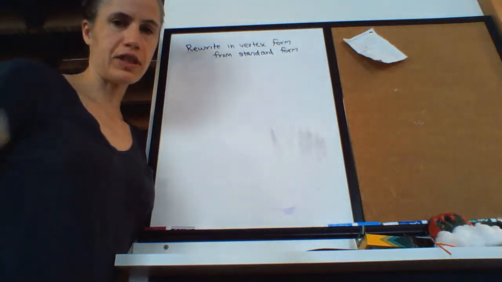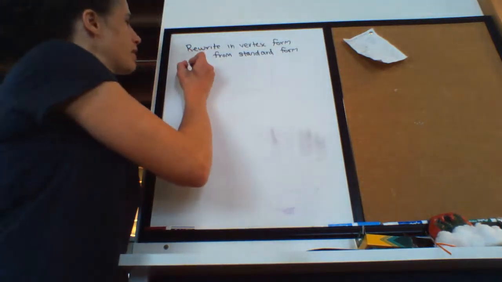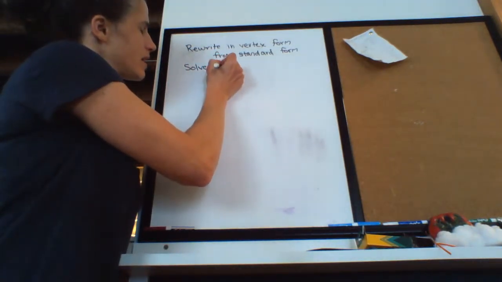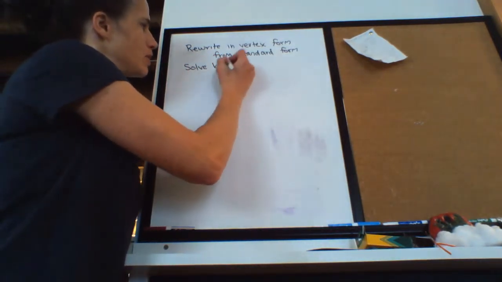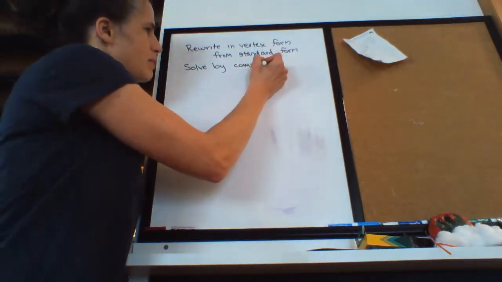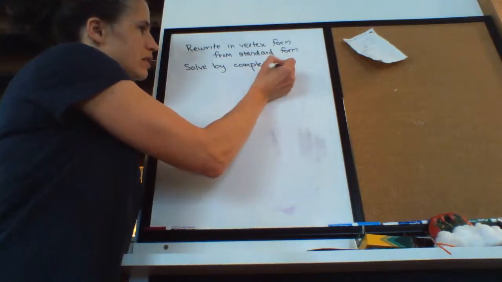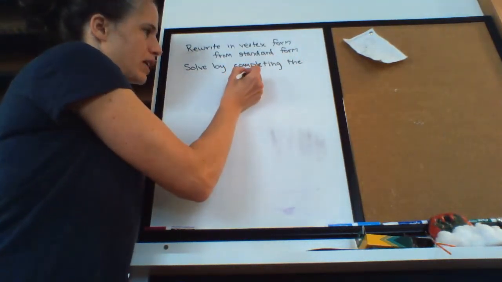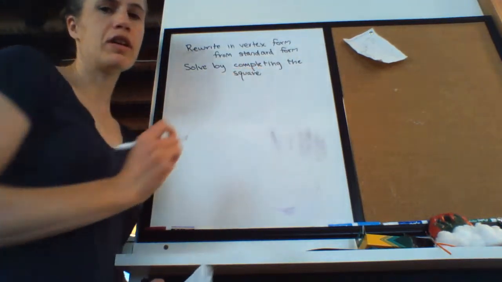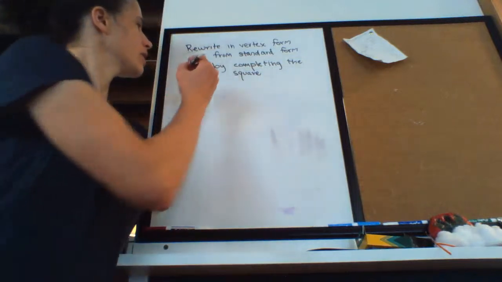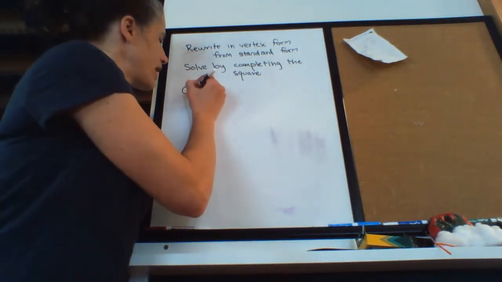Another thing you're going to have to do is solve by completing the square. Like I said, I'll go over one of each of these examples, although I may go over two solving by completing the square, because it's more complicated when there's a number in front of that x squared. You're going to have to solve using the quadratic formula.